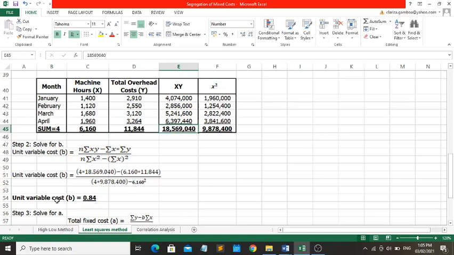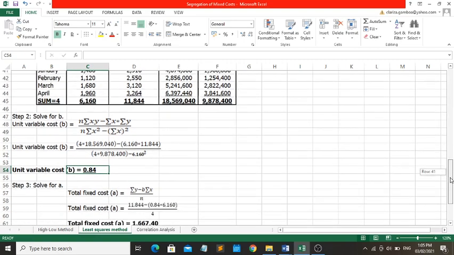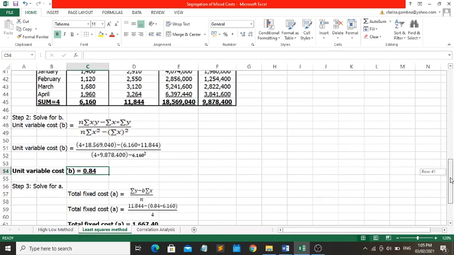Our answer there: the unit variable cost will be 0.84, or 84 centavos. So, after computing the unit variable cost, we also have a formula for the total fixed cost.